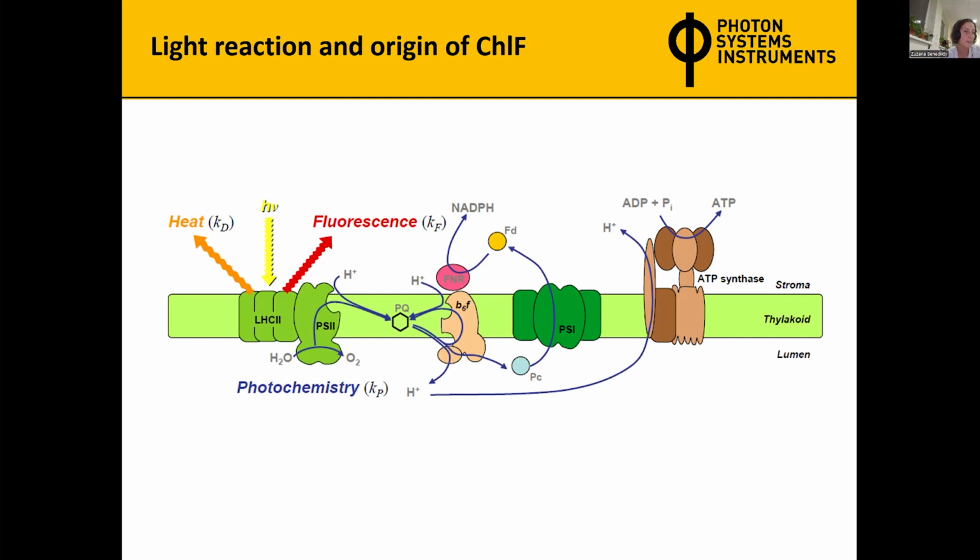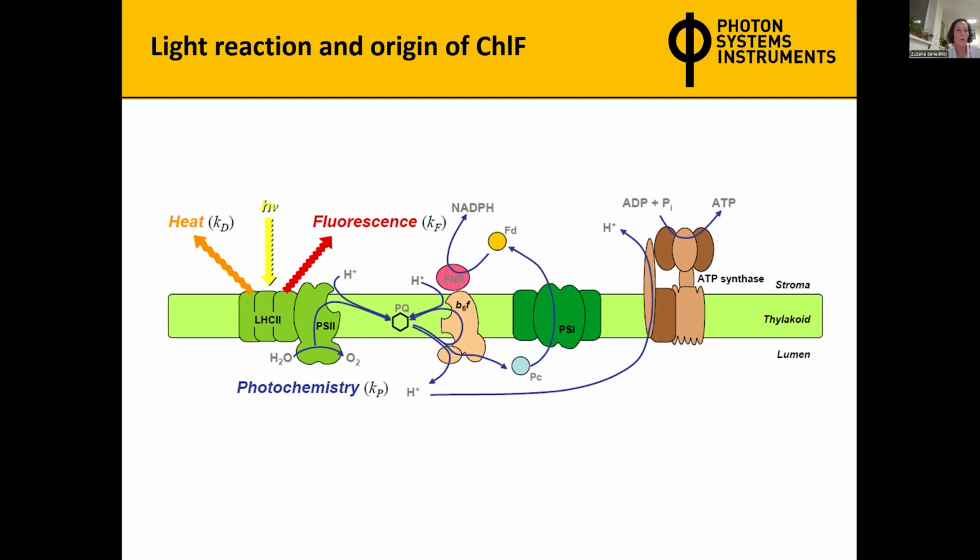Here is a simplified image of the photosynthetic machinery. The kinetics originate in chemical or biochemical reactions that are carried out by the photosynthetic machinery.